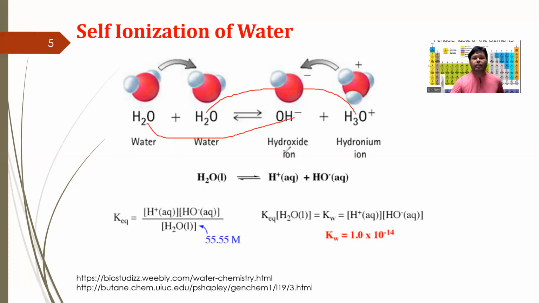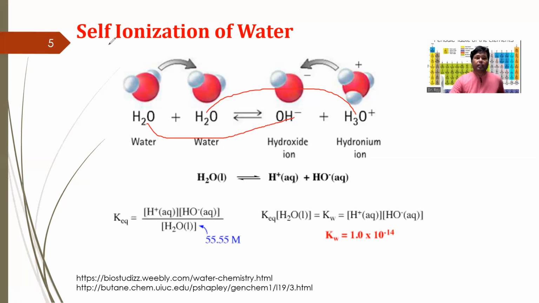From two water molecules, when one water molecule dissociates, we have an H plus ion and an OH minus ion. So the water molecule itself can behave sometimes as an acid and sometimes as a base.